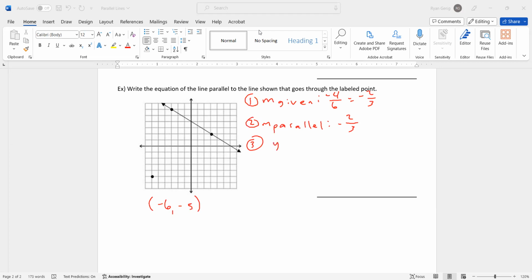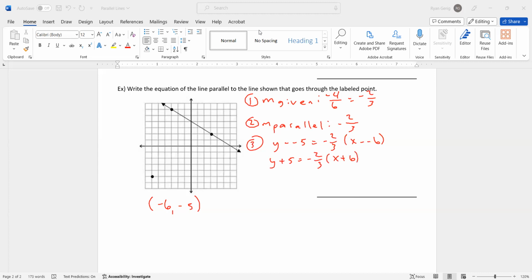Okay, so then y minus the y coordinate equals the slope times x minus the x coordinate. I'm going to go ahead and simplify. y minus -5 is y plus 5. x minus -6 is x plus 6.